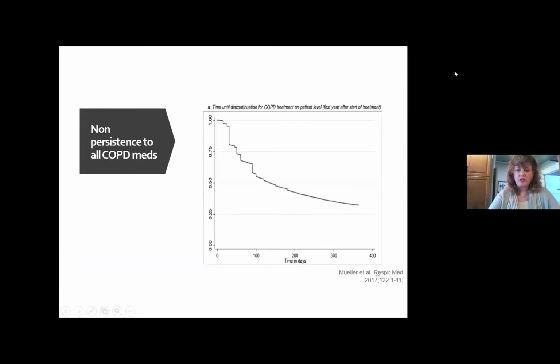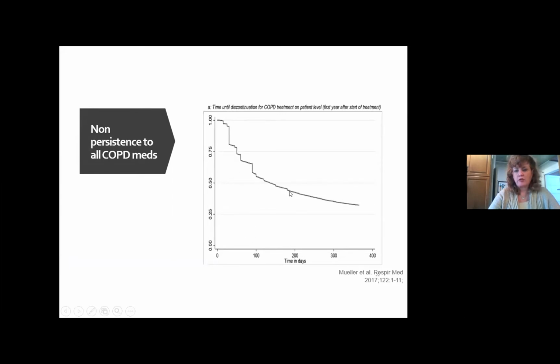And so what you see is that very quickly, within about the first 30 days of treatment, there is a big drop off to where about 25% of patients are no longer taking their medications. And then around 3 months out, you see another big drop in adherence, so that about 50% of adherence is seen by 3 months of treatment.